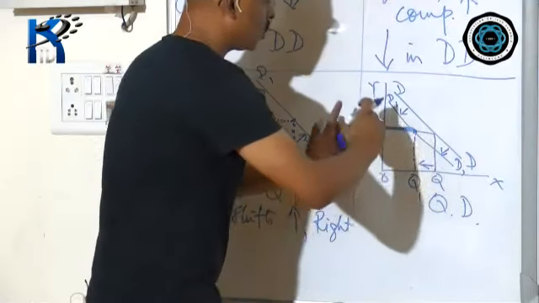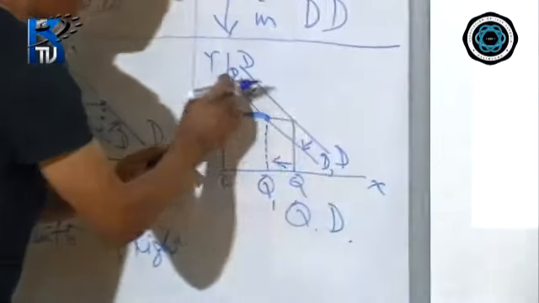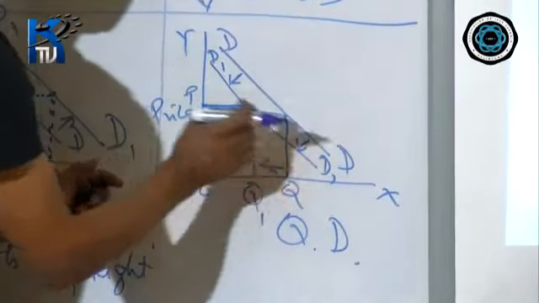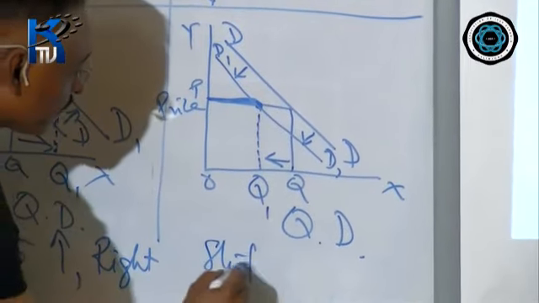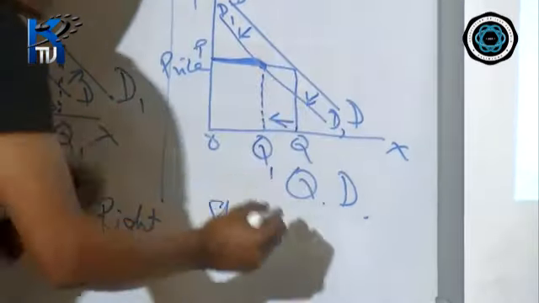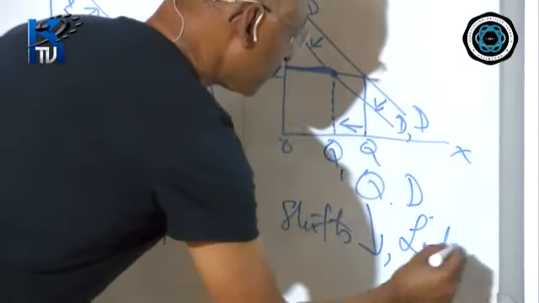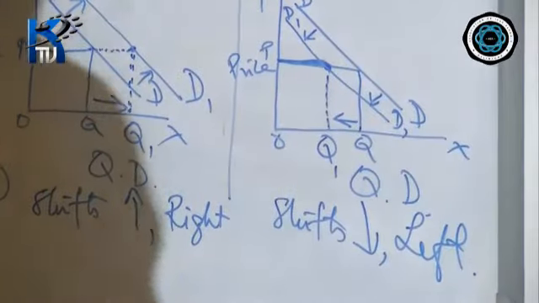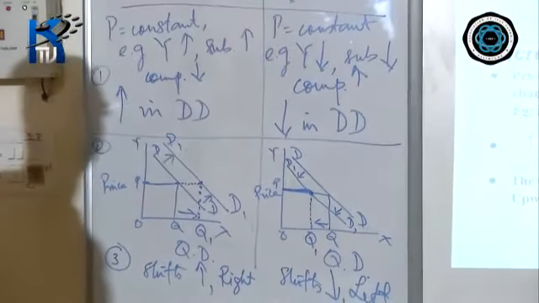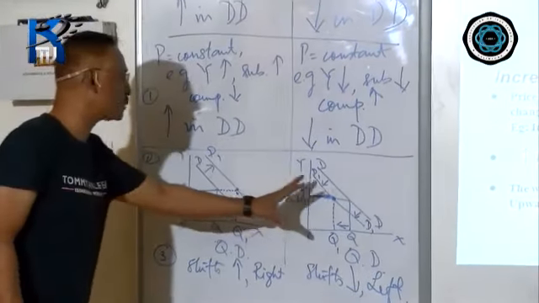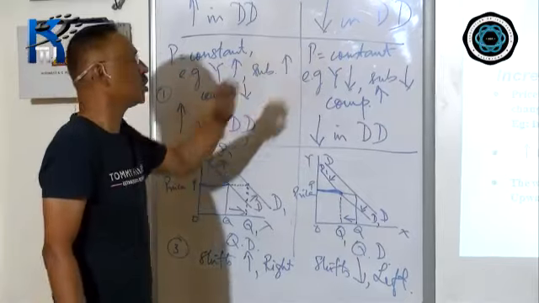Whereas here, the whole demand curve shifts from DD to D1, downwards and leftwards. So this is what a shift in demand is. Notice that a shift in demand takes place when there is a change in the other factors. The price will remain constant.